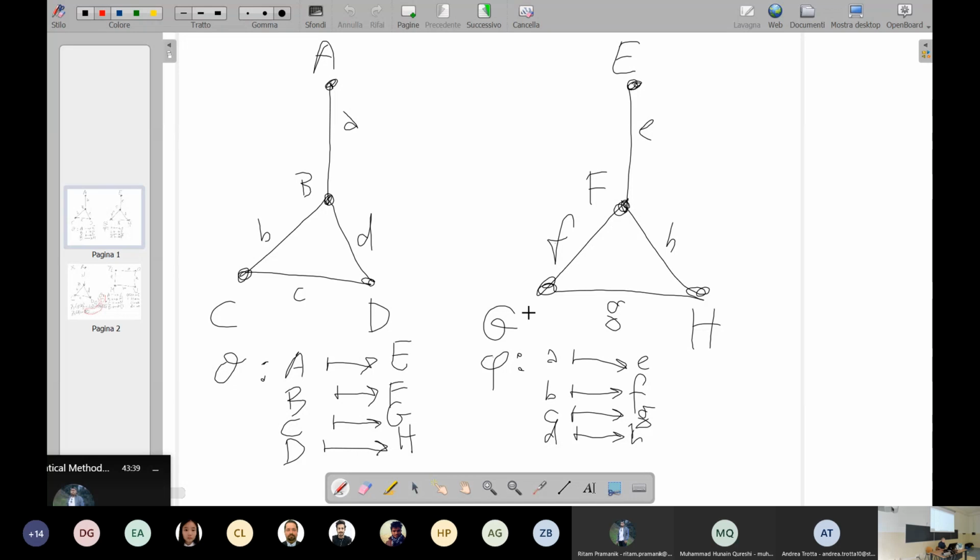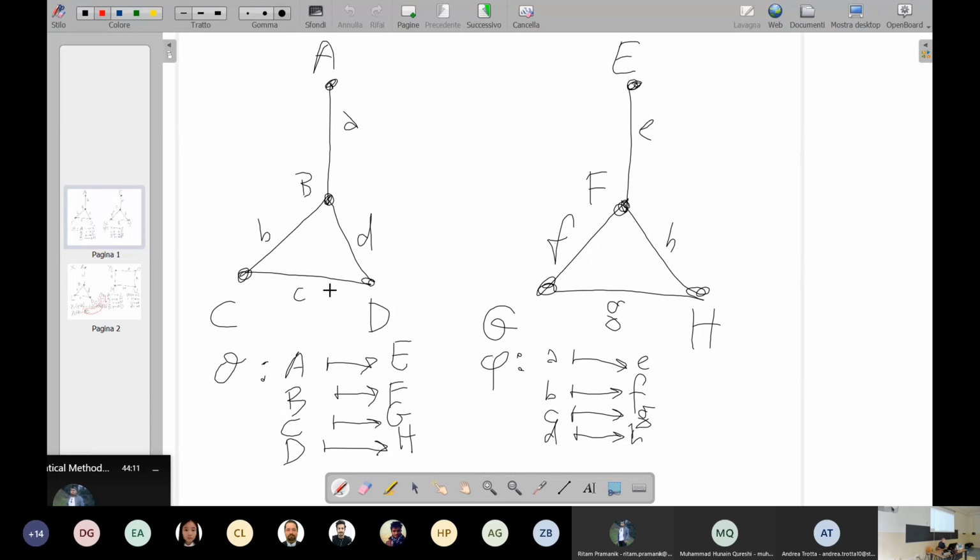Capital E, capital F. Capital E, capital F are exactly theta of capital A, theta of capital B. Small b, its ends, capital B, capital C. Phi of small b, small f. What are the ends of small f? Capital F, capital G. Capital F, capital G are exactly theta of B and theta of C. So it's all right.